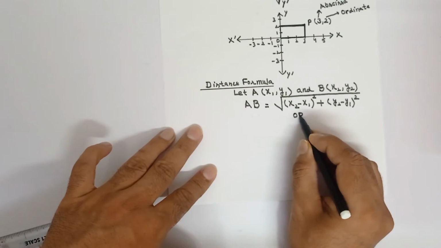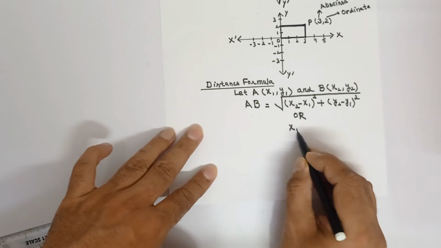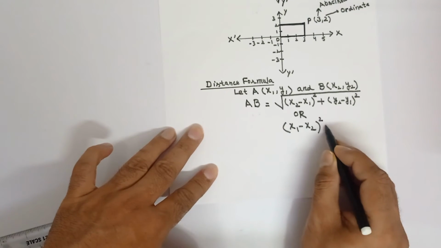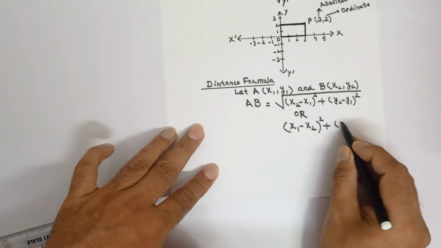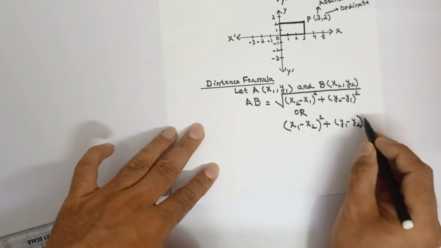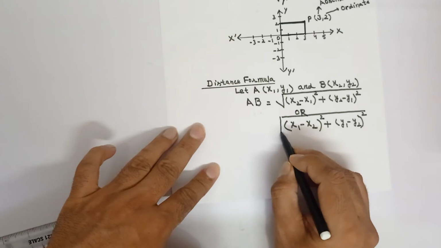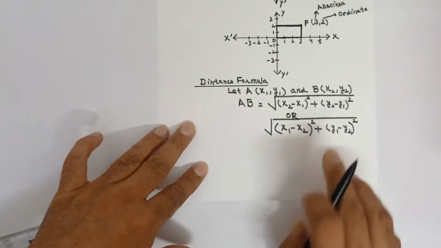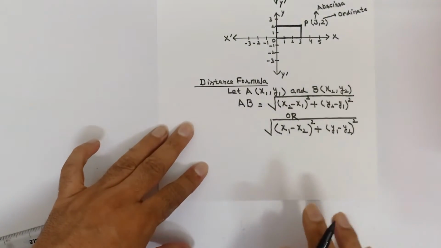Or we can write it this way also: (x1 minus x2) whole square plus (y1 minus y2) whole square. Now while finding the distance of any 2 points, you can apply either this formula or this formula. Both will give the same result. It is called the distance formula.